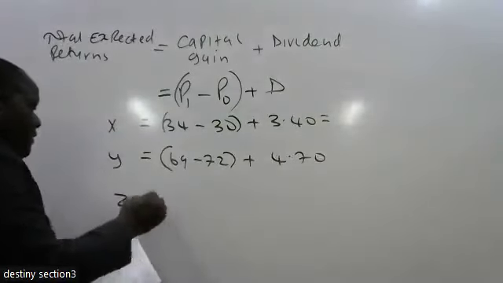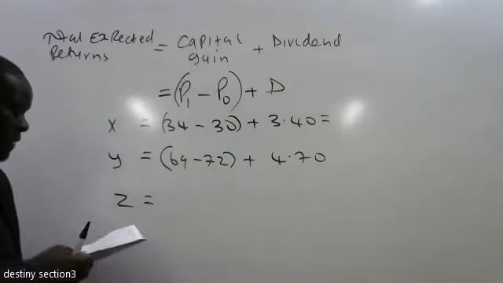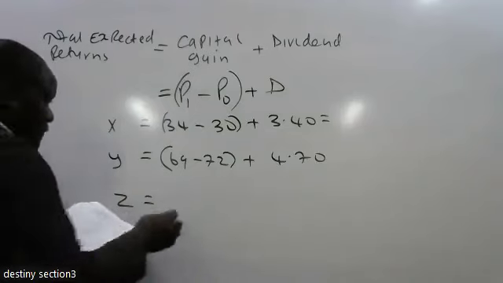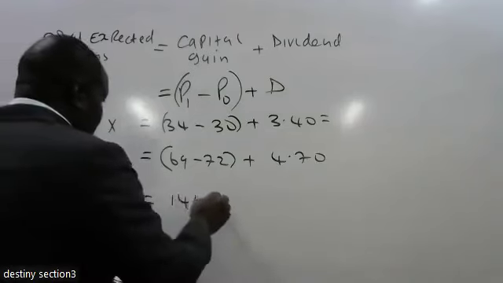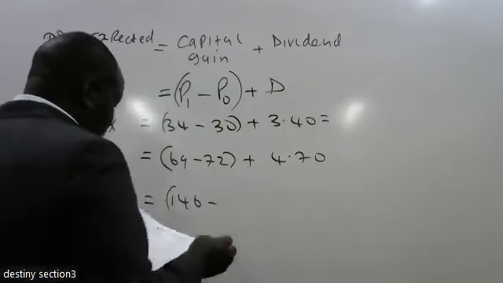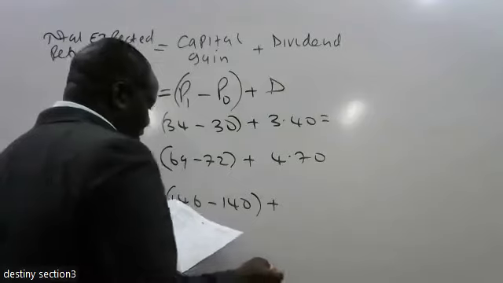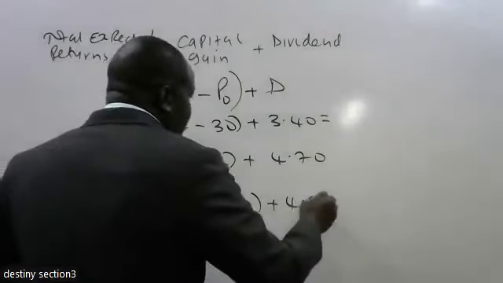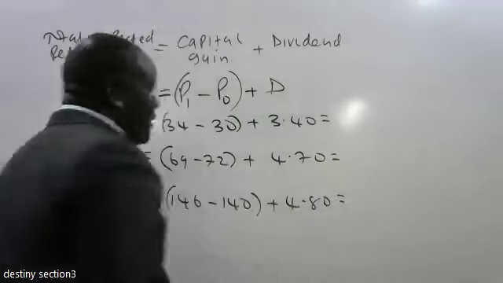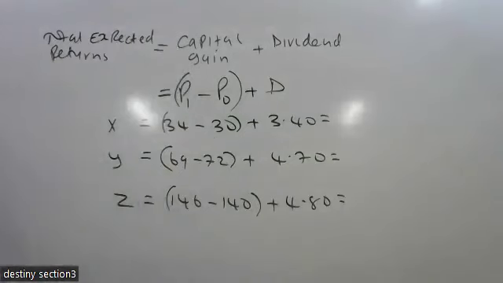And finally, the one for Z: we get 146 minus 140, then you also add 4.8. So that now gives you the details on how to calculate the total expected returns. You simply get the capital gain, then you add the dividend income.